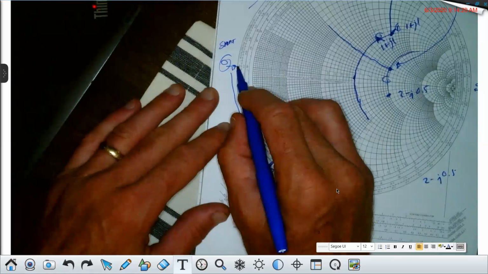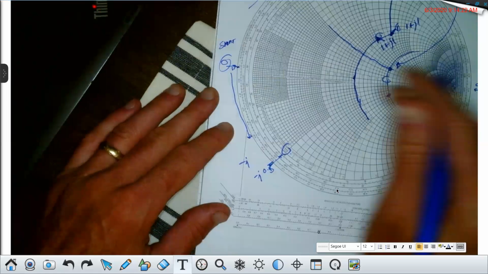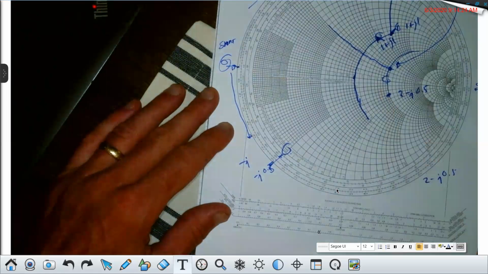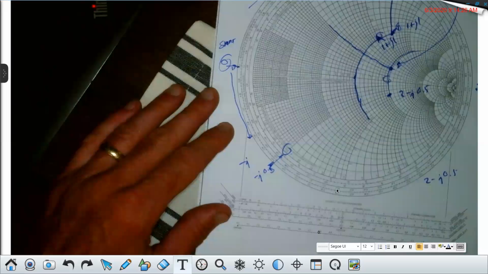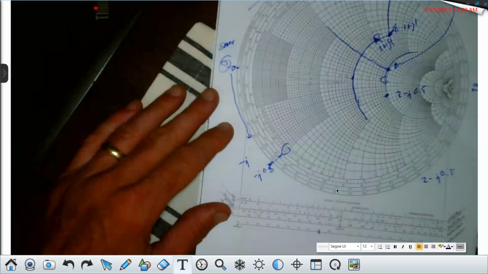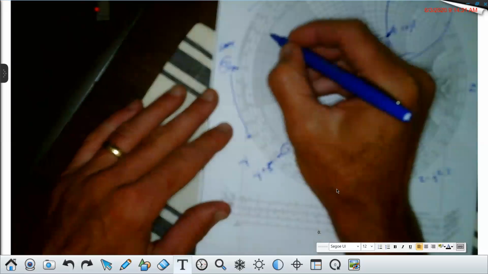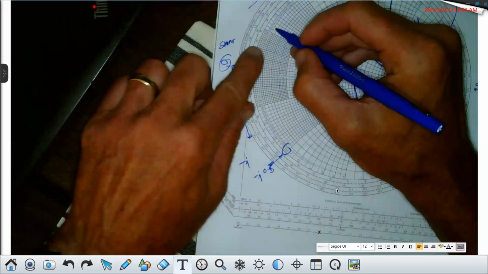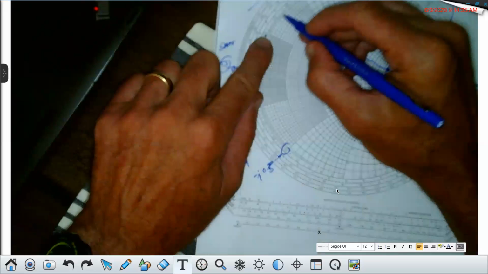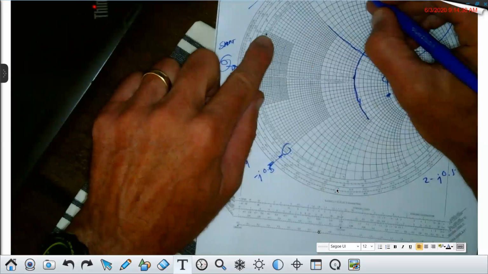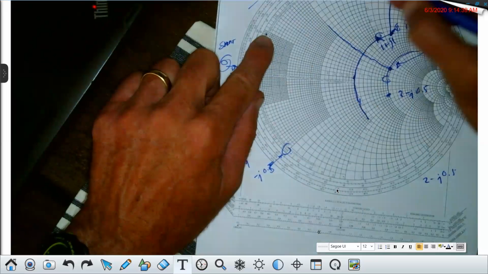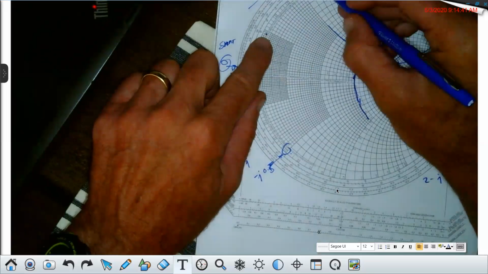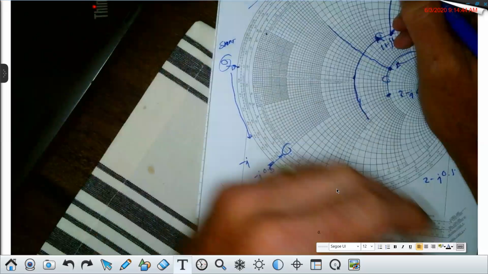I come in here. Now, if I want to get rid of something in series, say a plus jB or a minus jB, I move around here on the outer rim, and you can see the values here. That's j0.2, j0.3, j0.4, and so forth. There's j1, and so forth. You move until you get the right normalized input impedance that you want. Do you all see that, class?